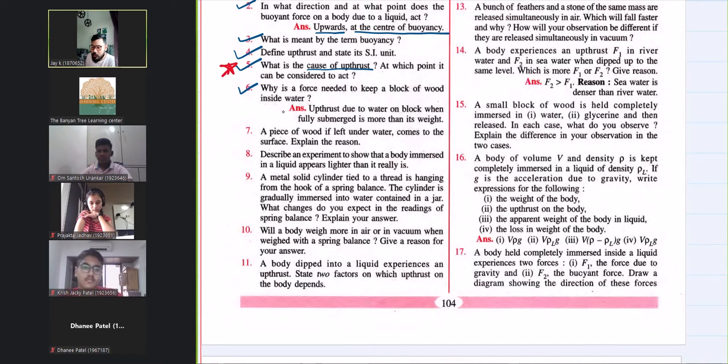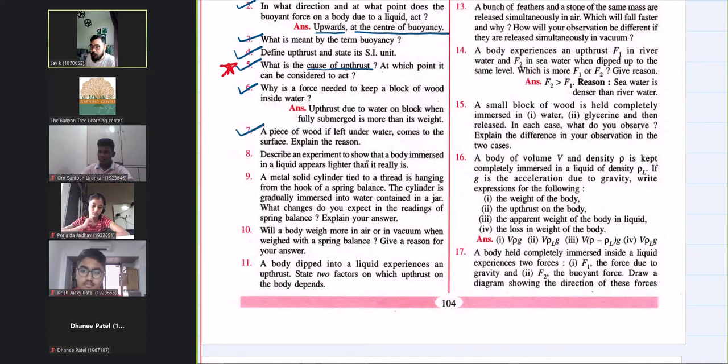I cannot fully agree with this answer because it does not justify the reason why a force is required to keep a block of wood inside water. ठीक है, तो तुम will not write it's more than its weight, but you will say that since the wooden block is floating, you need to exert more force against the upward force exerted by the fluid, that is the upthrust, to keep it submerged. बस इतना लिखोगे तो सही रहेगा.